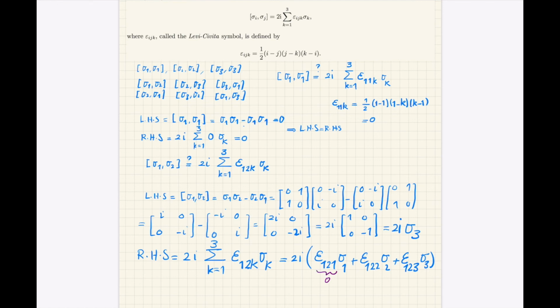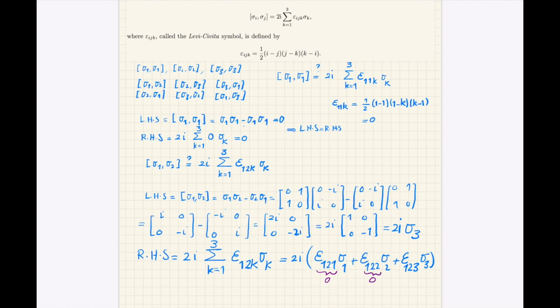The same is true for this one. Why? Because now j is 2, k is 2, so j and k are equal. So when j and k are equal, this middle factor is equal to 0, and this means that this epsilon vanishes again. But what happens for this one, we have to calculate.